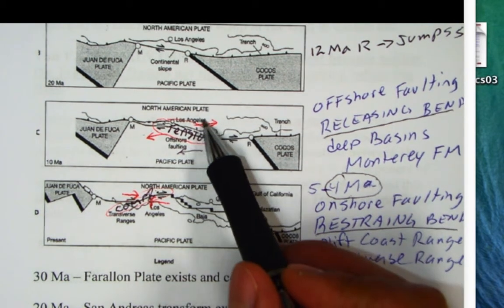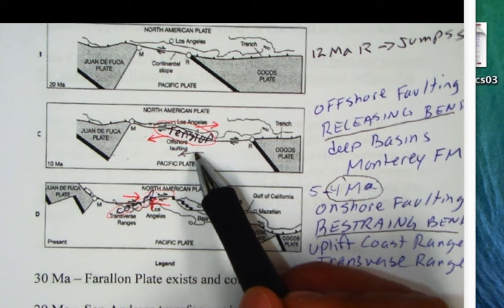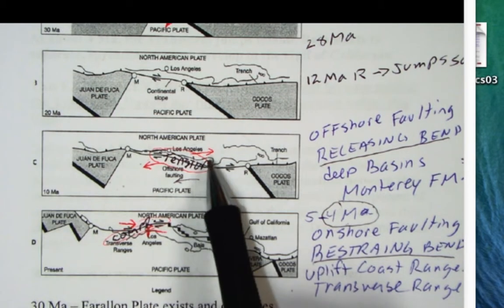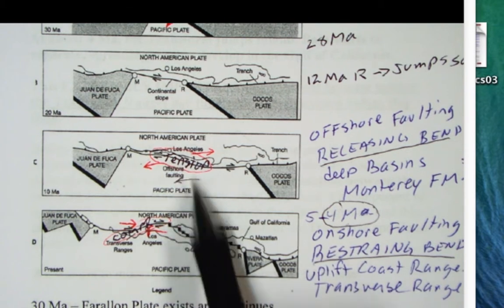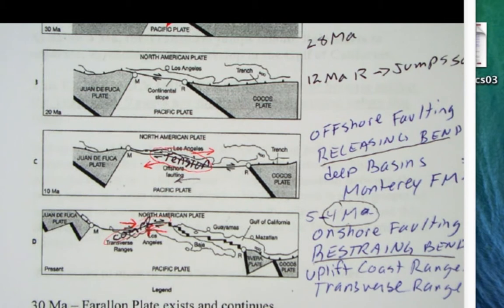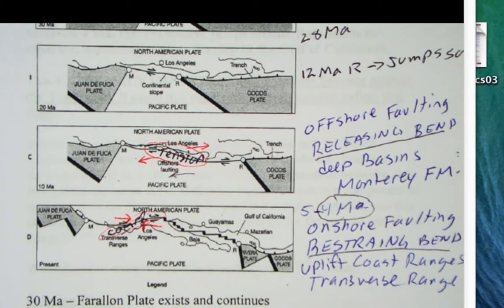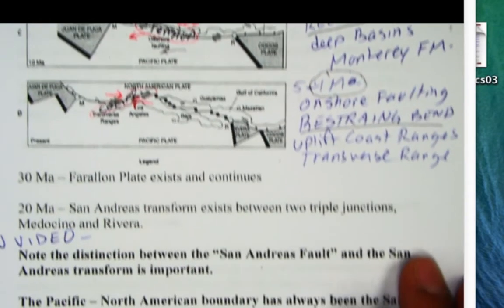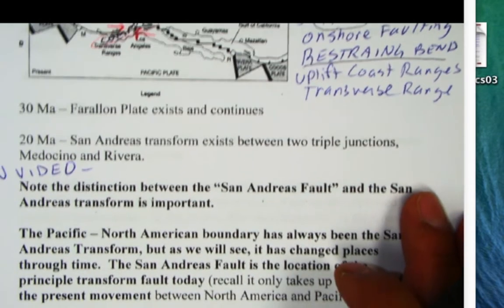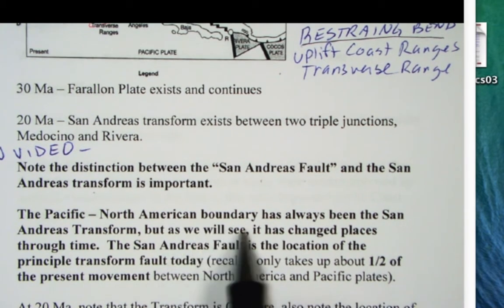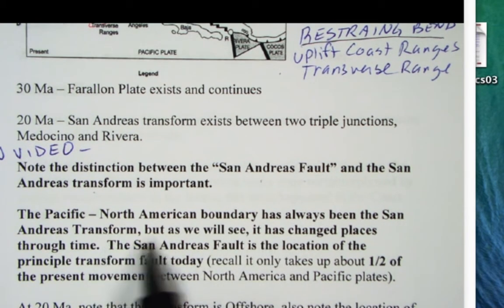And note that in the past, that margin was in different places. It was here, offshore Los Angeles. Today, it's onshore. So what that means is that the transform is the margin through time, and it can migrate through time. It's migrating, and it will change. So here the North American boundary has always been the San Andreas transform, but as we will see, it has changed places through time.